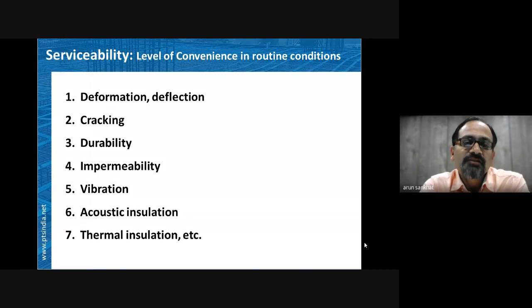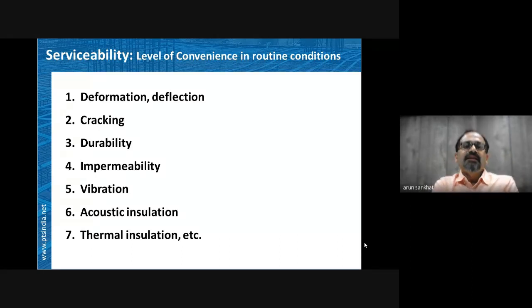Acoustic insulation is also important, because noise pollution should not be there, and it is equally important in the building sector. Thermal insulation is also important in the building sector.